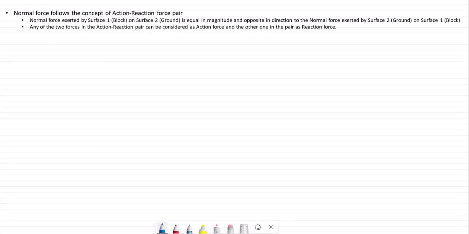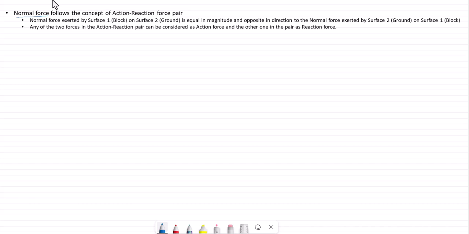Now, something more about defining the normal force. We did the description earlier. Now, time to recap. Normal force follows the concept of action-reaction force pair, just like any other force in nature. As I mentioned, forces always occur in pairs, so any one of them can be considered as an action, and the other one in the pair will become the reaction.